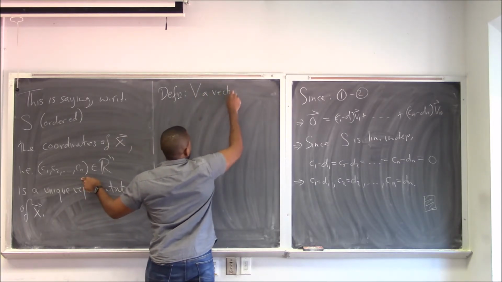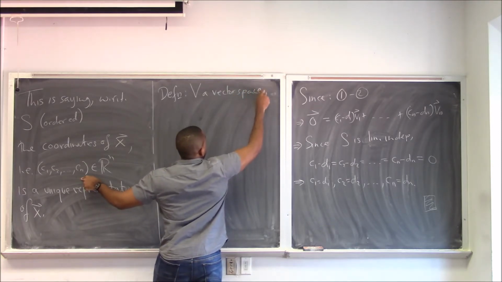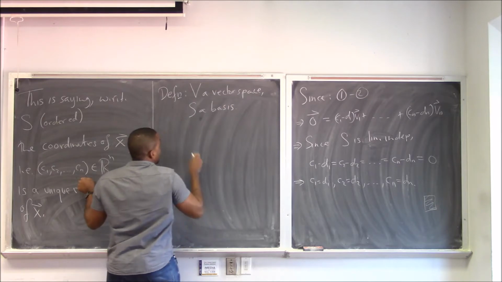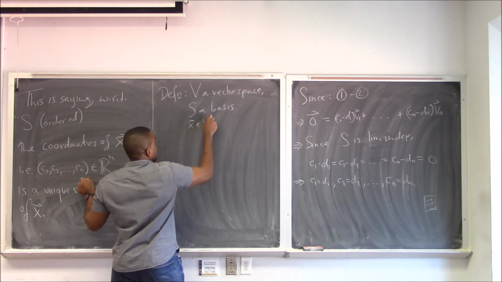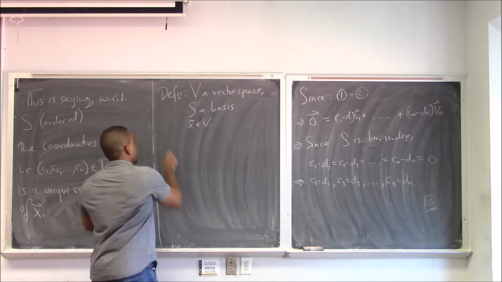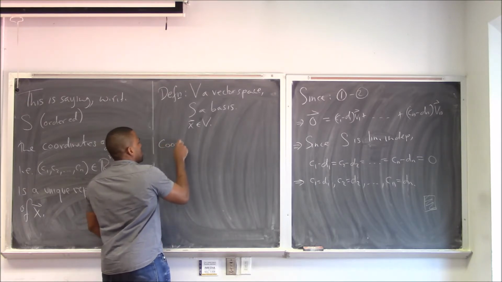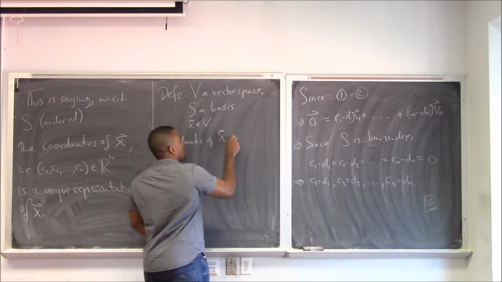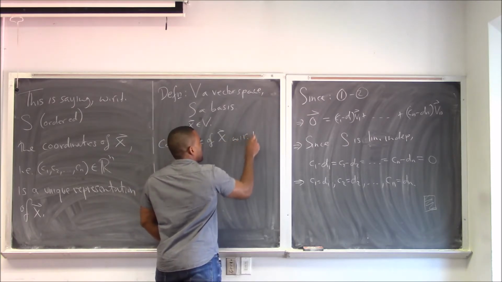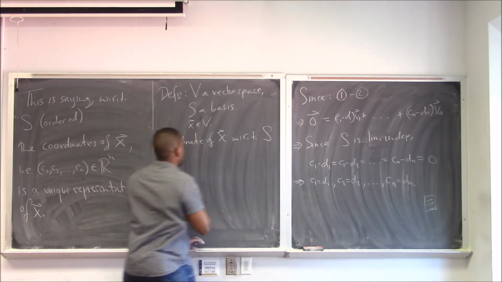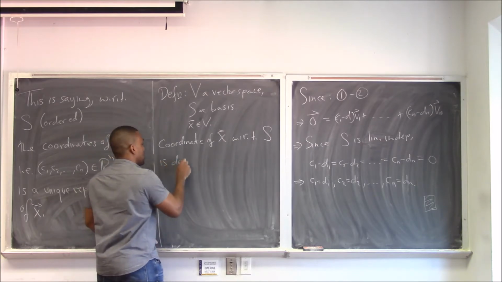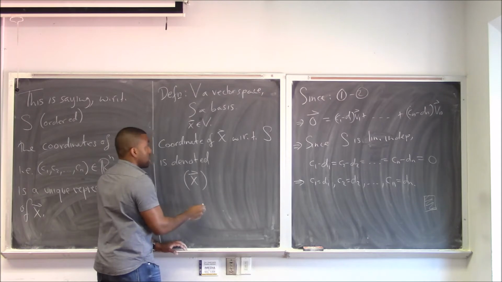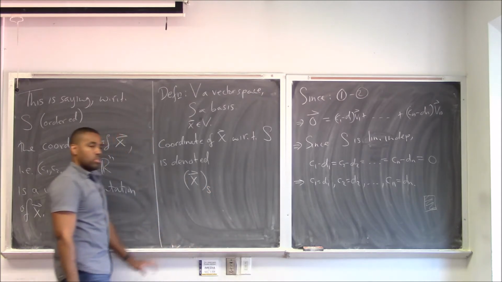Let V be a vector space, S a basis, and x in V. The coordinate of x with respect to S is denoted I write x and I write a little s down.